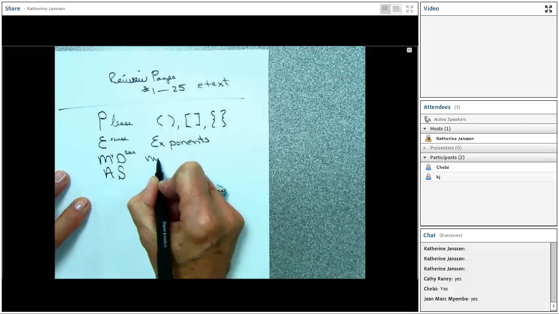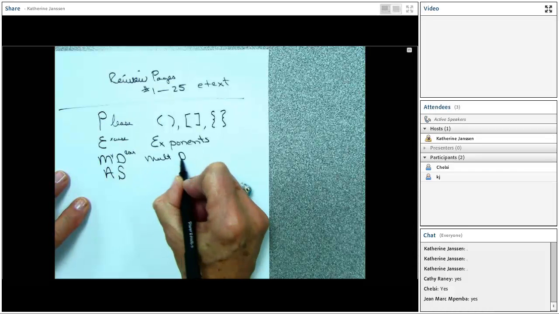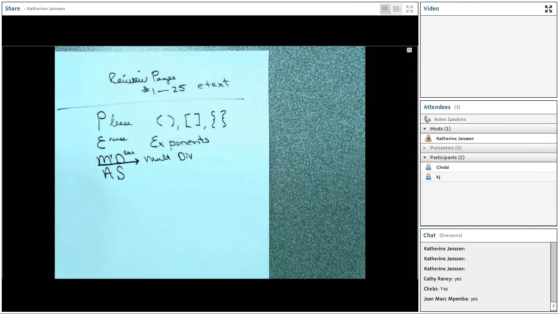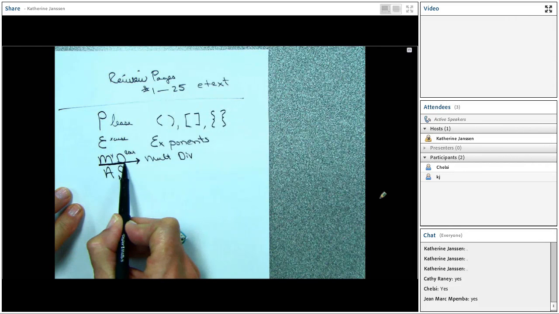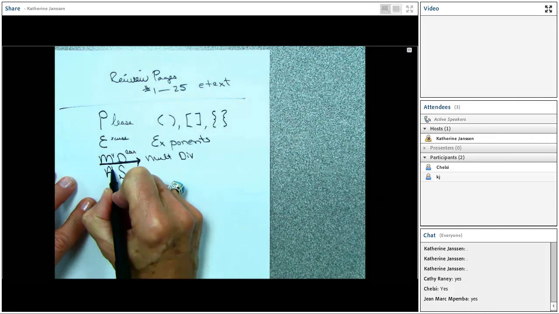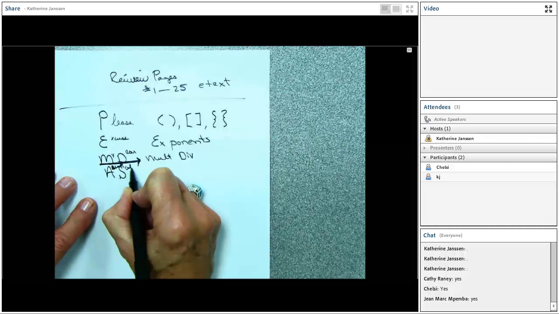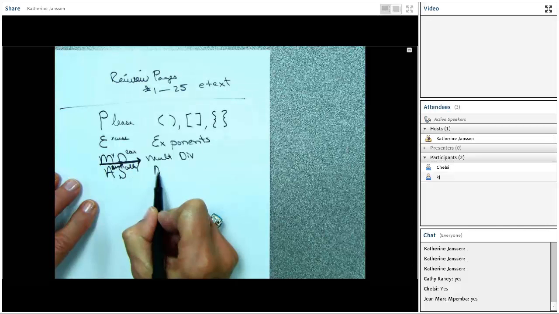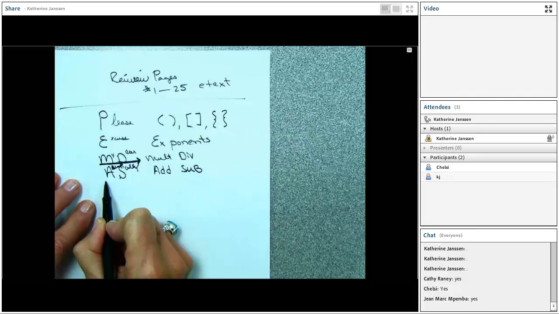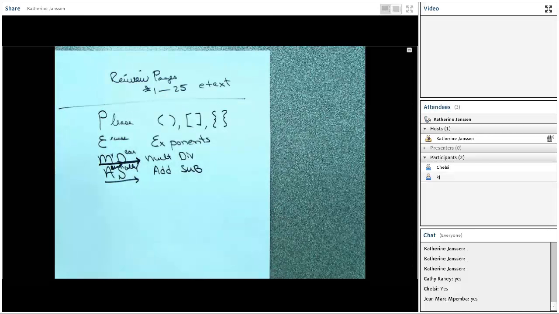My stands for multiplication, dear stands for division. And just remember, that's from left to right in your expression. So if you have multiplication and division, you move from left to right in your expression to solve. Aunt Sally: Aunt stands for addition and subtraction, also from left to right. So as you move from left to right in your expression, that's how we solve.